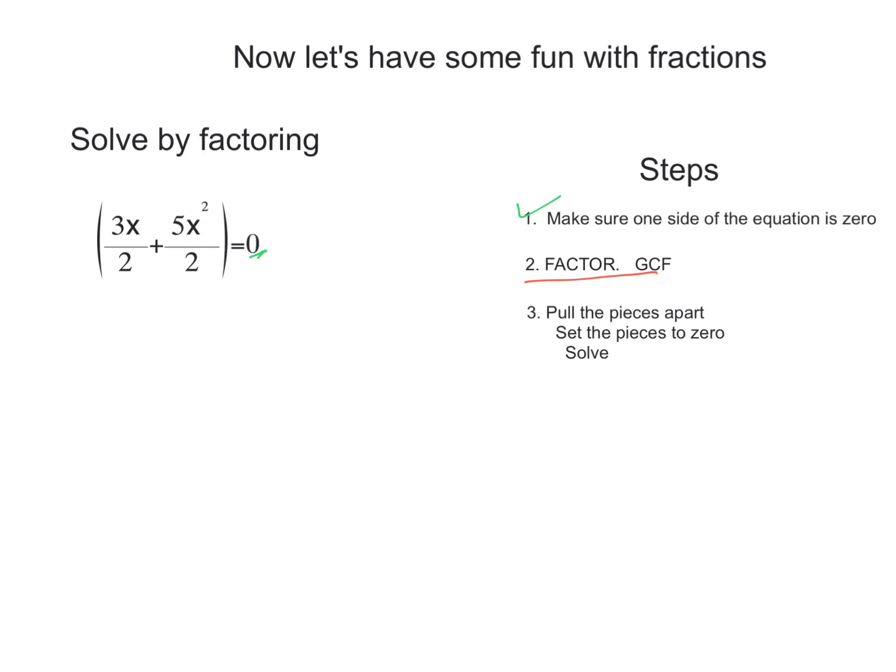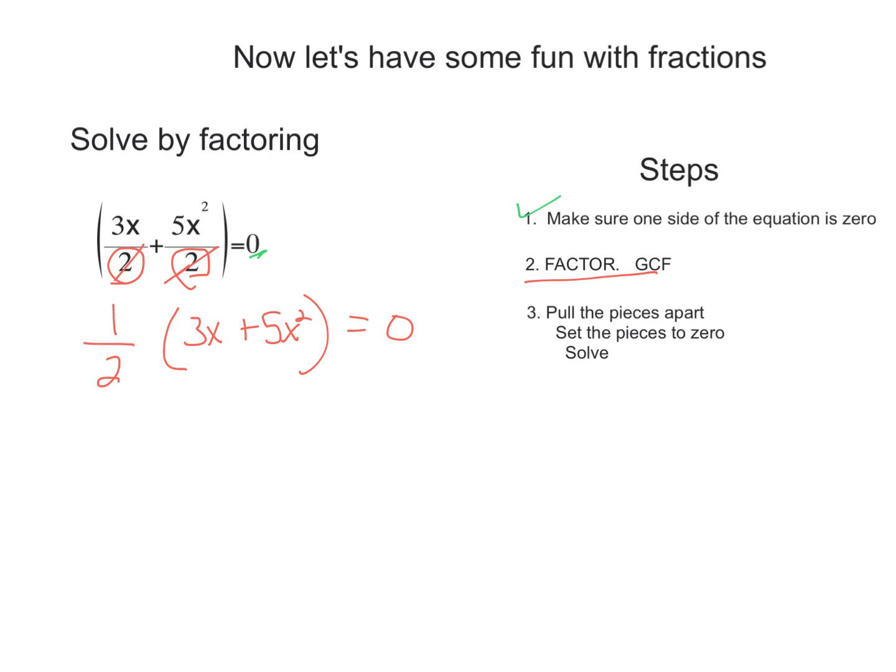Well, believe it or not, looking at my denominators of 2 and 2, my greatest multiple is 1/2. So I'm going to take out or divide out the 1/2. Now, in dividing out a half with these guys, all that means is we're getting rid of the denominator. So that's going to leave 3x and the 5x squared.